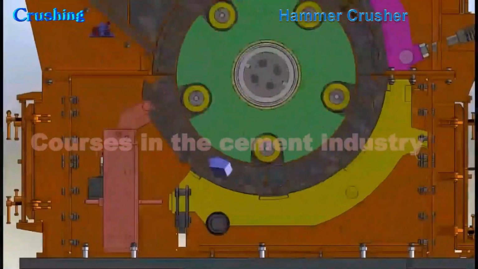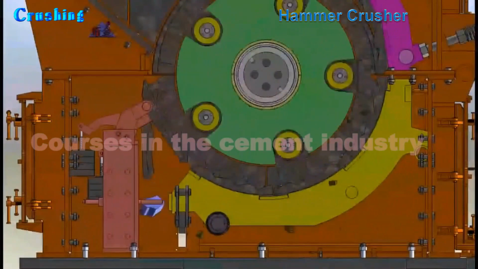After that, the gravity of the materials themselves makes them hit against the impact plate and fall on the sieve plate at the bottom of the machine. Materials larger than the size of the sieve hole will remain in the cavity and continue to be broken until they reach the crushing size, and then be discharged from the bottom.